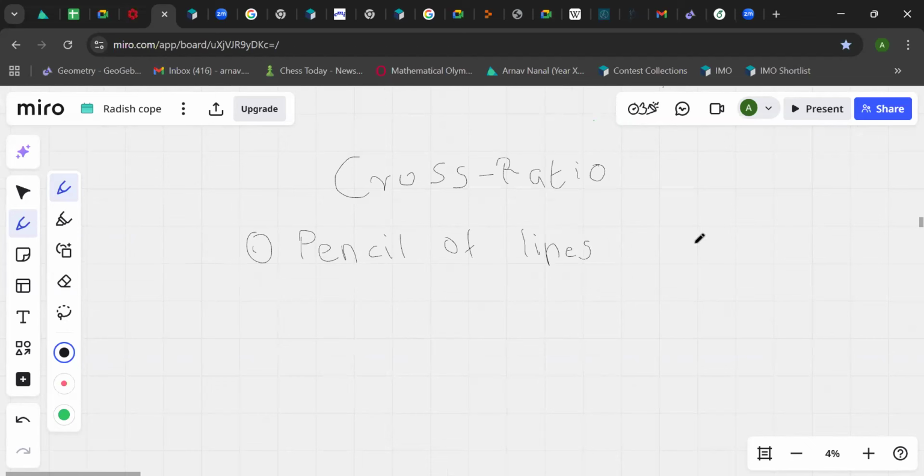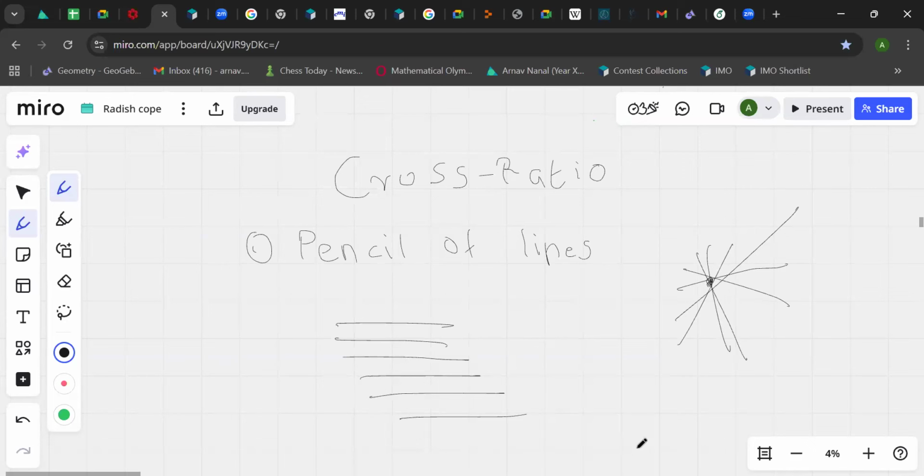You take a point, and all the lines passing through the point form a pencil. These are all a set of concurrent lines. Similarly, this is a pencil of lines, and a line at infinity, because all of these concur at this point at infinity in this direction.